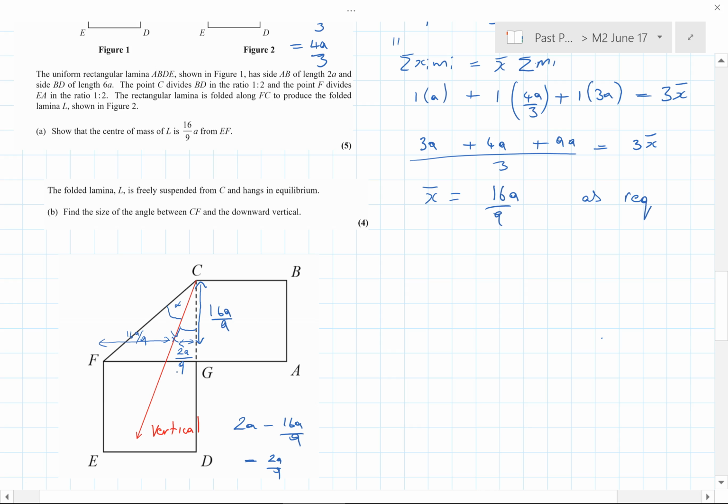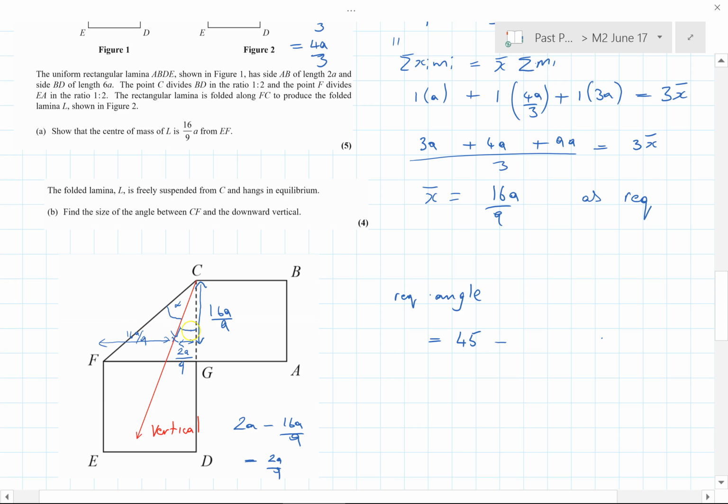So the required angle, because we've got our right angle triangle here now, we're going to be taking it away from 45, because this whole angle, as I said, is 45.